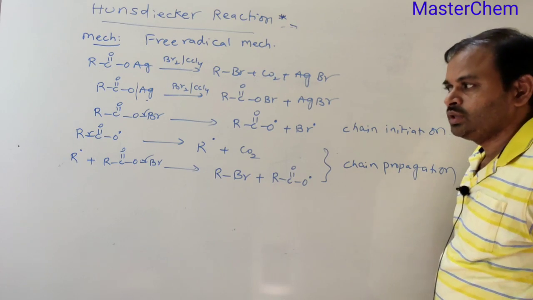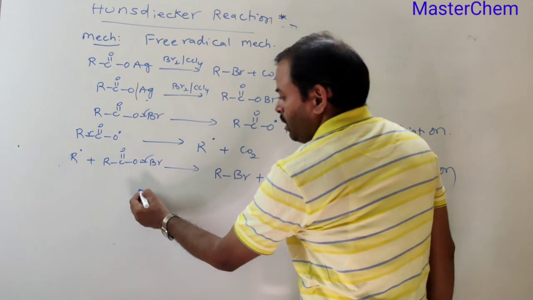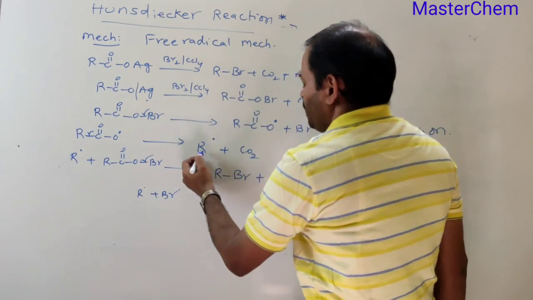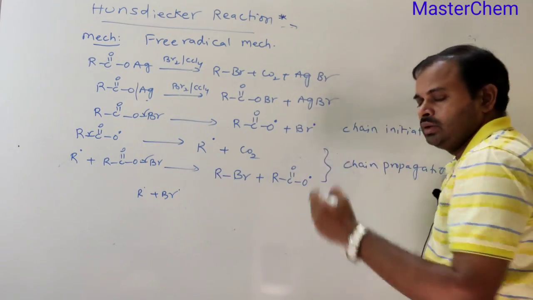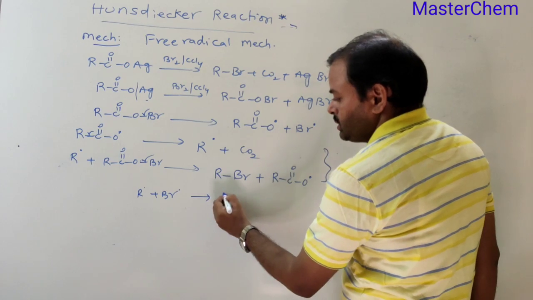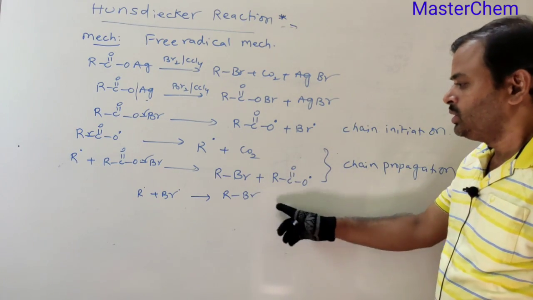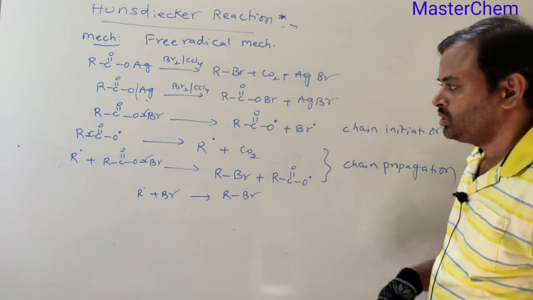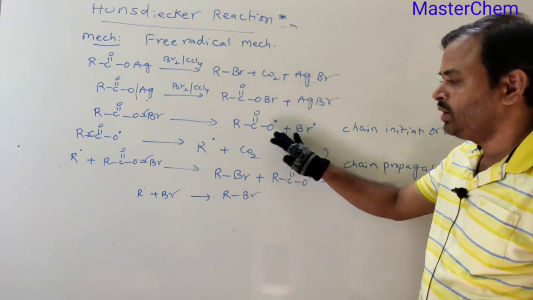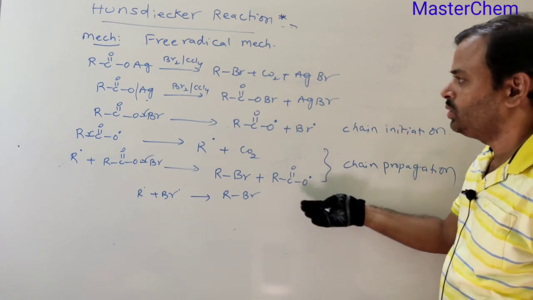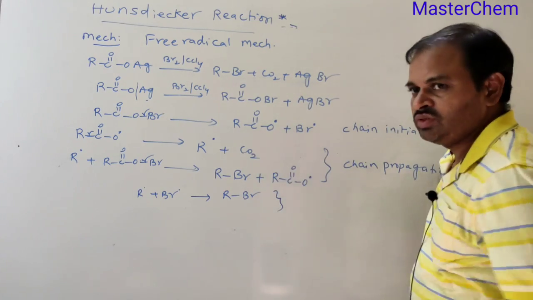Okay, so what are the chain termination steps? R radical with Br radical. Whenever R radical combines with Br radical, RBr will be formed. So that leads to chain termination. Once the free radicals are terminated by combining with other free radicals, that leads to termination of the chain.